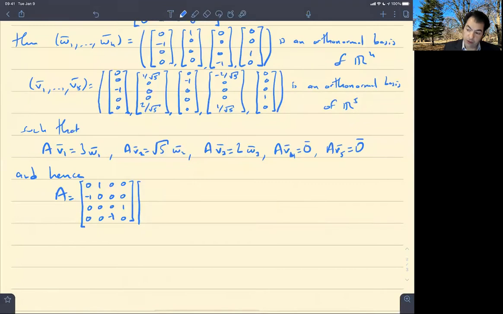Then I'm going to put the matrix sigma. This is just going to have on the diagonal 3, square root of 5, 2. Notice that I listed these in decreasing order, as I should. And it's going to be a 4 by 5 matrix. And everywhere else we have zeros.